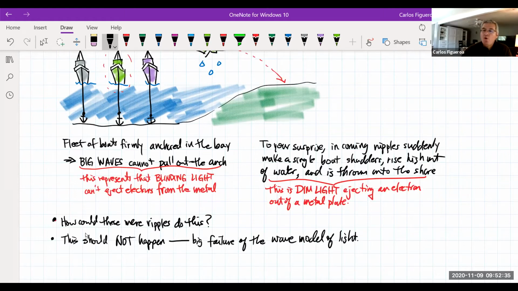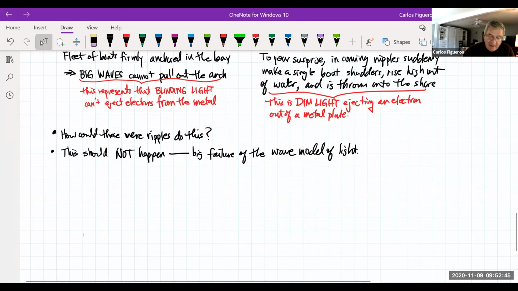There is no way that light as a wave could answer this question. And so that now ends that discussion. What we're going to do next is start talking about Einstein's proposal. So let's go look at that.